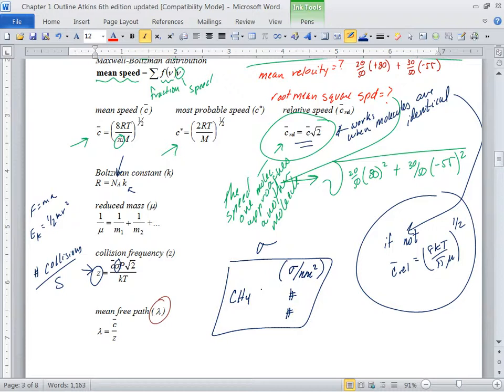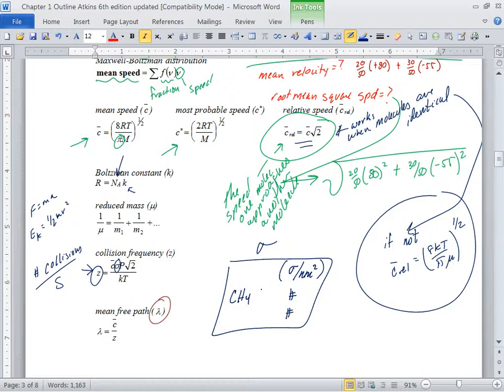P, Kevin, is probably what? Pressure. A lot of units for pressure, but only one will work. Pascals. The problem's in atmospheres, I got to convert. Just look at the inside front cover, or look at the cheat sheet. There's your conversions to go from atmospheres to pascals, or millimeters of mercury, or torr, or bar. There's a lot of units for pressure. You have to be in pascals.